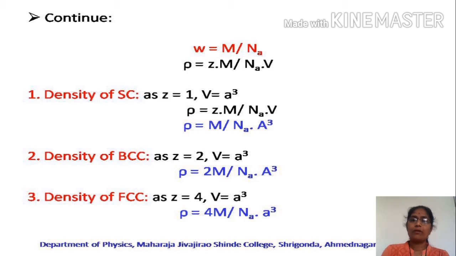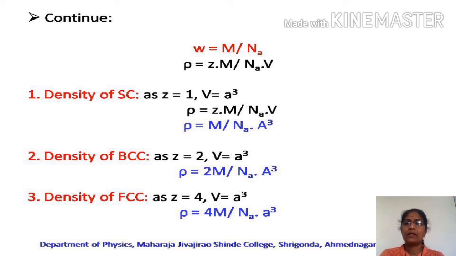So, formula for rho for simple cube becomes Z M upon Na into V, that is M upon Na into a cube, where a cube is nothing but volume of unit cell.